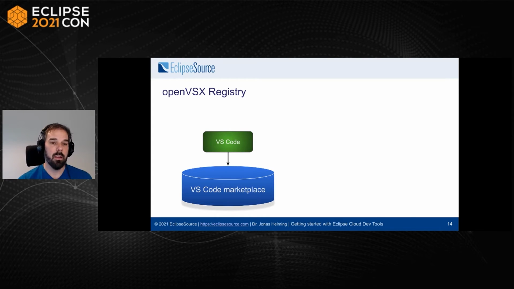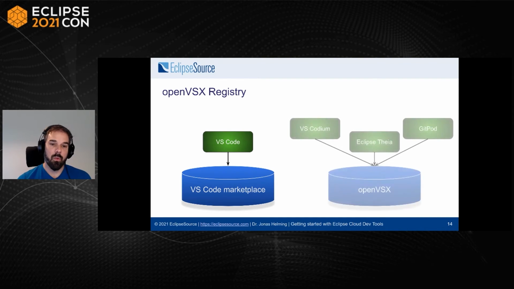And from within VS Code, you can download and directly install them, which is great. It's a huge ecosystem. Unfortunately, the VS Code marketplace does not allow other tools to connect to it. So while you could, from a compatibility point of view, install all those extensions, for example, in Theia or other tools based on Theia, you're not allowed to use the marketplace.